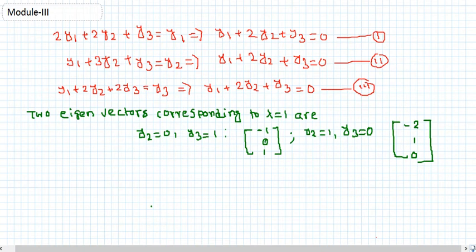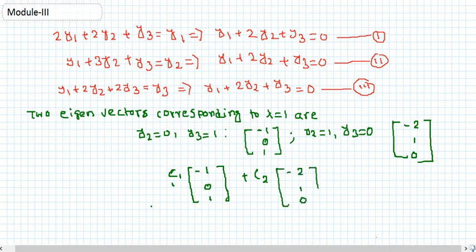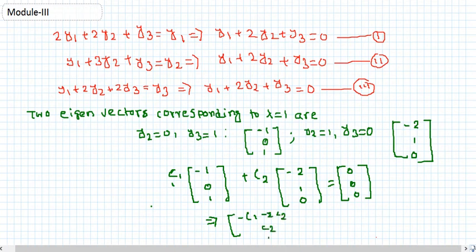So we write C1 times (-1, 0, 1) plus C2 times (-2, 1, 0) equals (0, 0, 0). What we get from there is (-C1 - 2C2, C2, C1) equals (0, 0, 0).